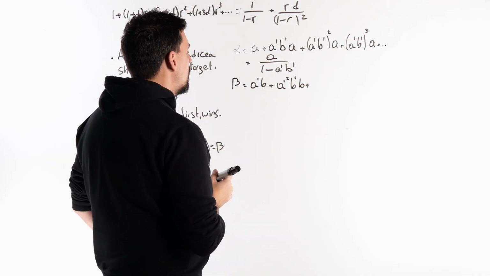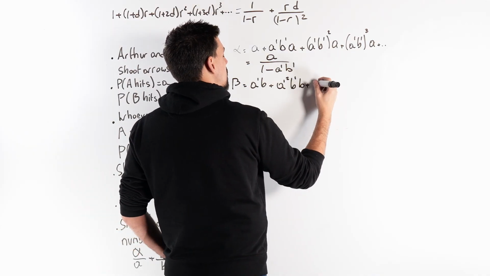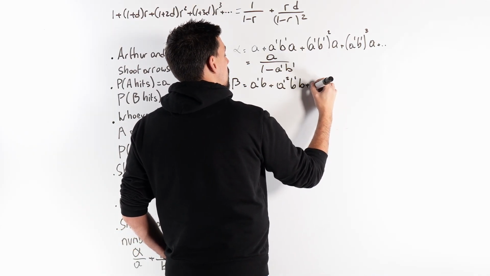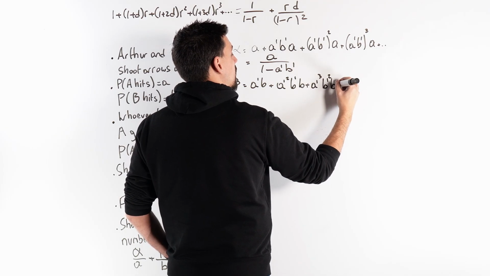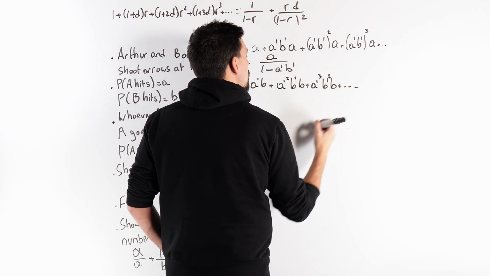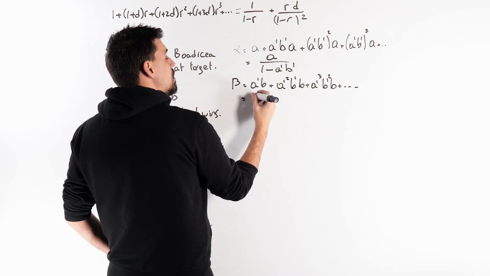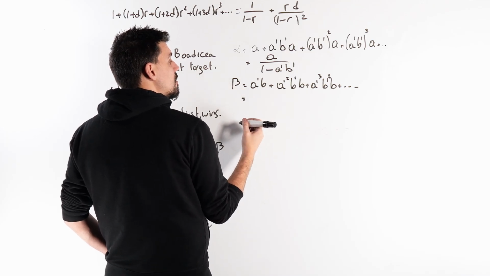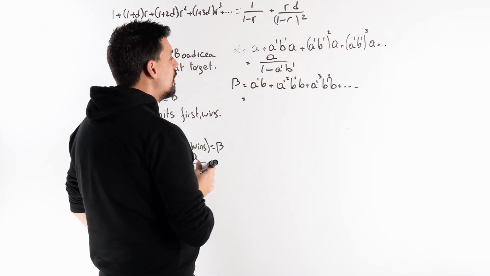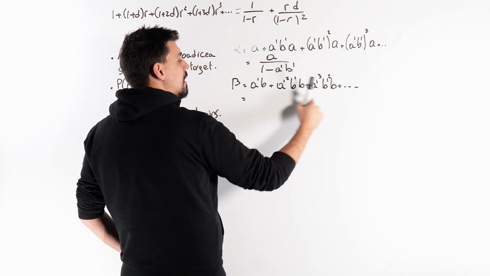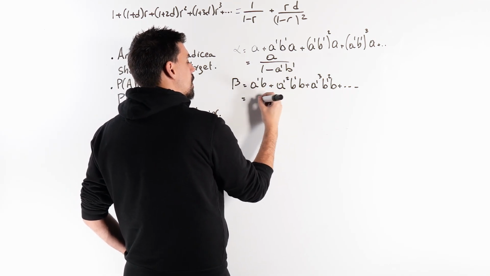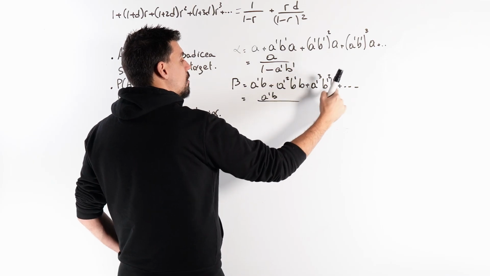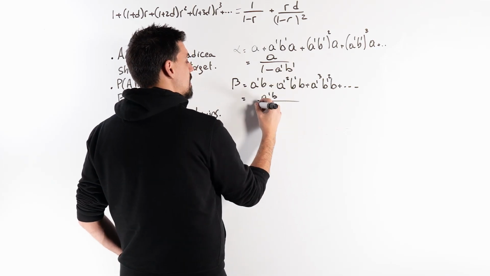Now, if we have a look at this, what this will be is, A dashed misses 3 times, B misses twice, then B hits, so on and so forth. It can easily be shown that this is just, again, it's a little bit harder to see, but this is an infinite geometric with first term A dashed B, and then the common ratio is a miss and a miss, so A dashed B dashed.